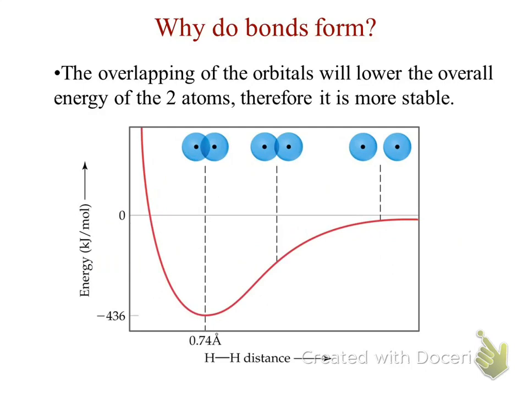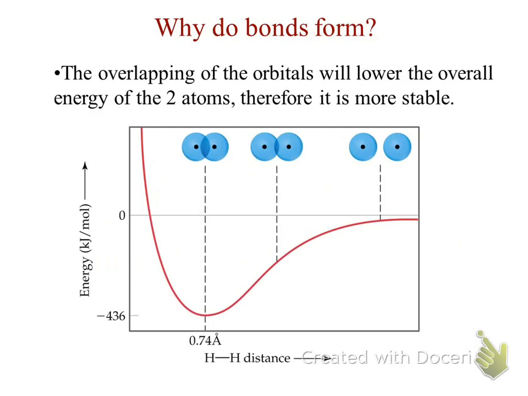So we're looking at our example here of our hydrogen gas, our hydrogen molecule. As the nuclei get too close together, and also the electrons get too close together, we're going to get some repelling. But there is also a key point, and you see the change in energy over distance.